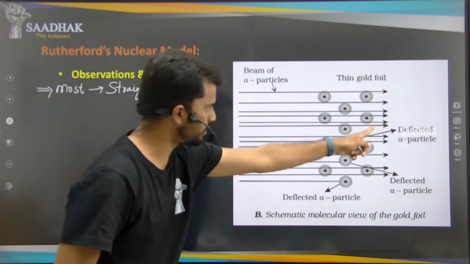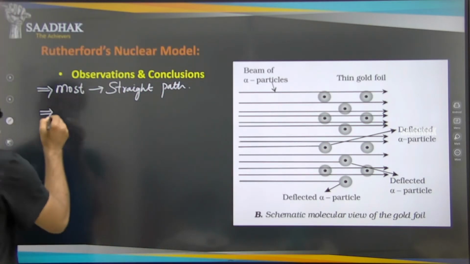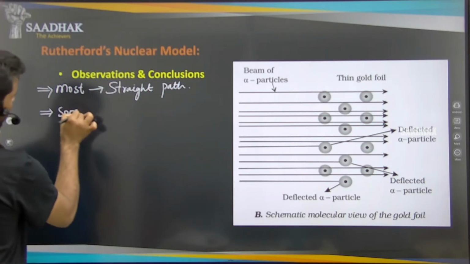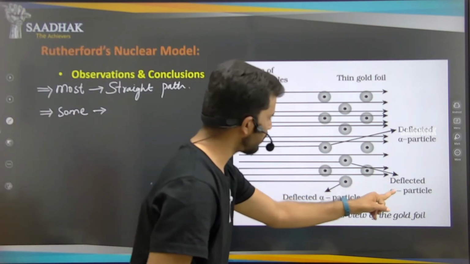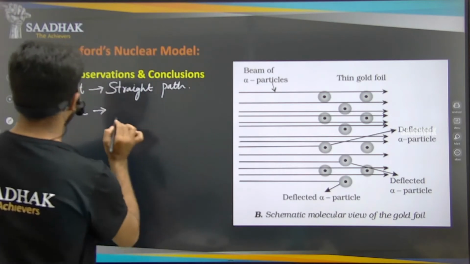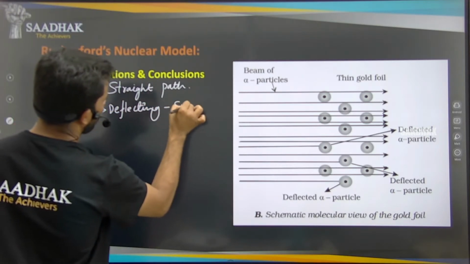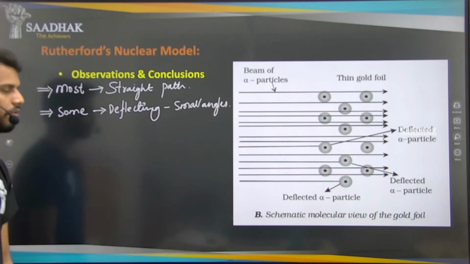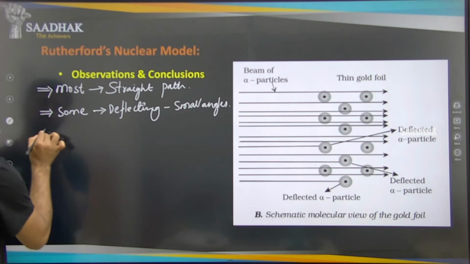And very few, or we say some alpha particles are deflecting with small angles, the deflection of the alpha particles is small, right?